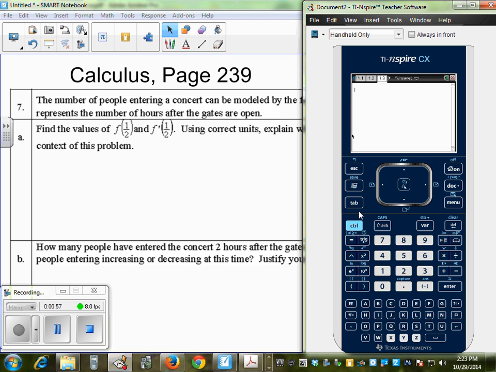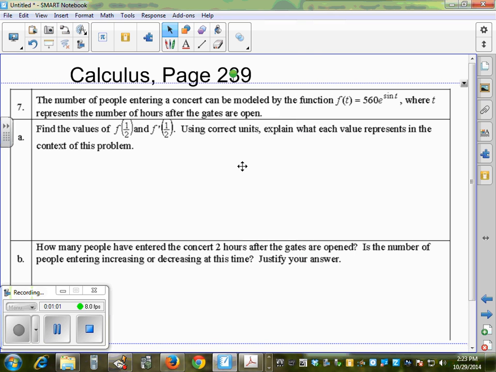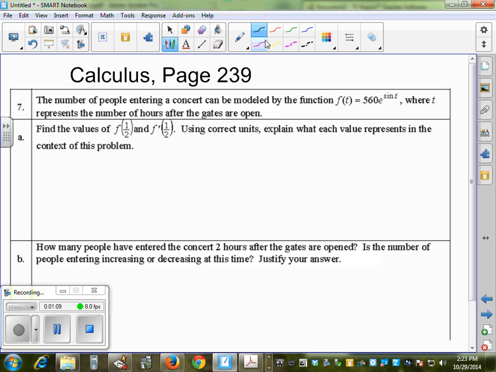I'm going to have to do some other plugging in also because they're going to want 2 hours on this one. They also want f of 2. I'm going to go ahead and do those at the same time to save a little time.